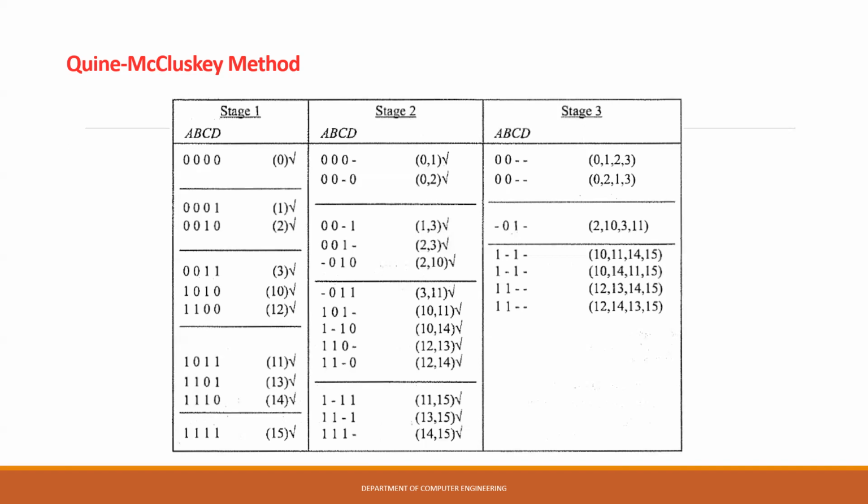Likewise, in stage 2, 0, 2 can be combined with 1, 3, and again we get 0, 0, dash, dash, and minterm group as 0, 2, 1, 3. Now again, we have to repeat the same process by comparing the second group with the third group from stage 2. And finally, group 3 with group 4 of stage 2 to get the second group and third group in stage 3.